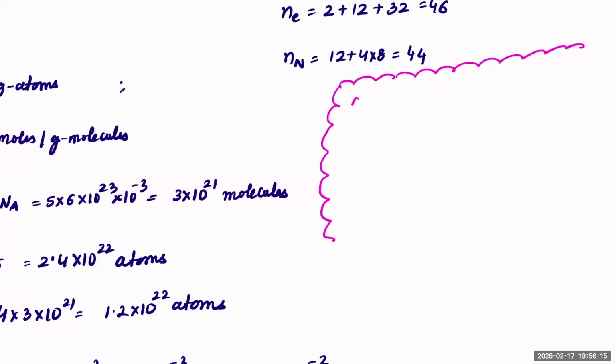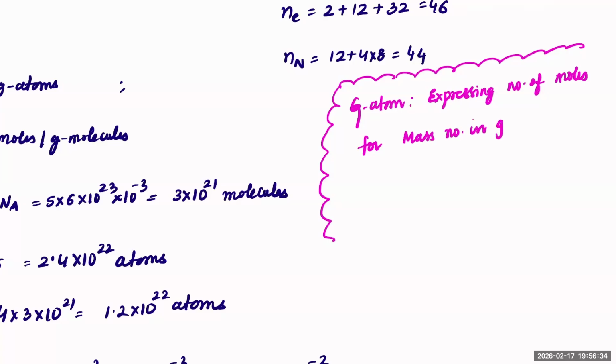Gram atom means expressing number of moles for mass number in grams. That is what it meant.